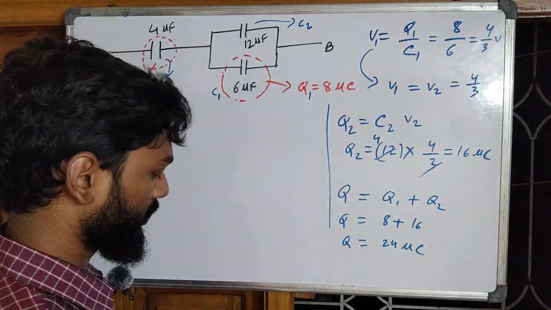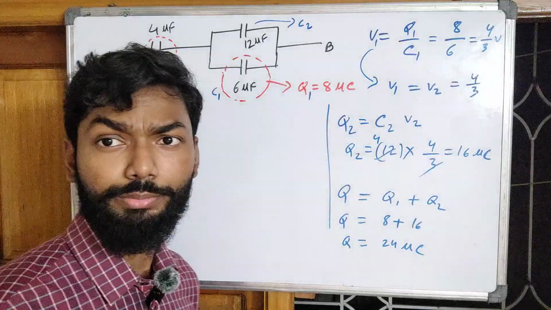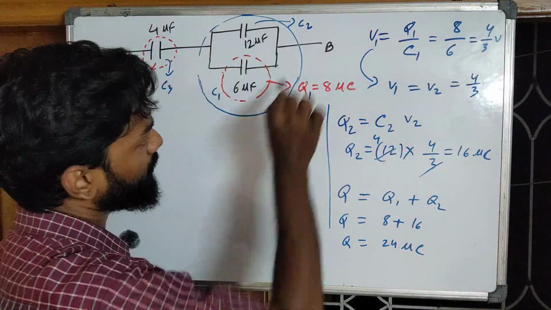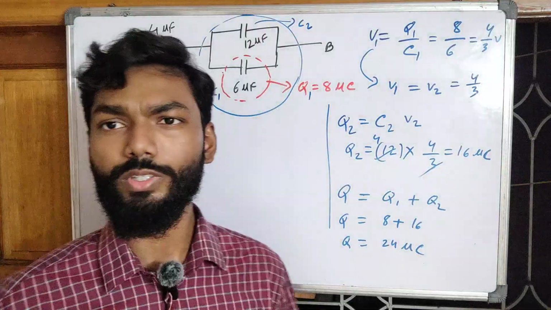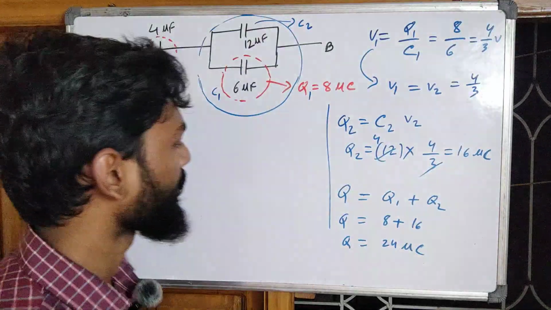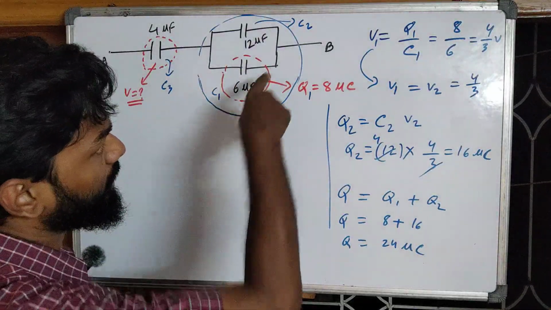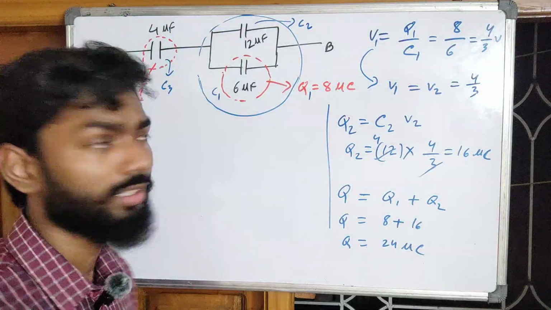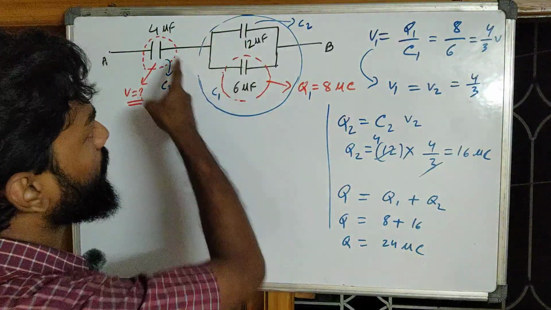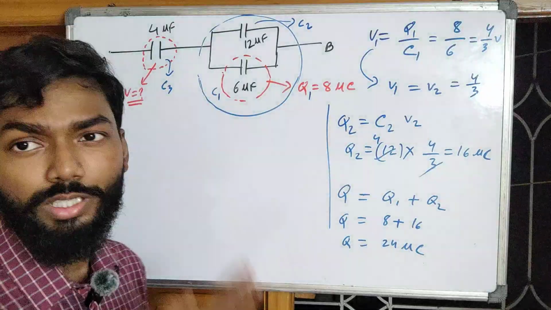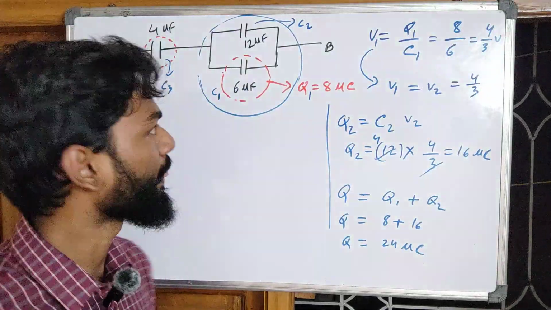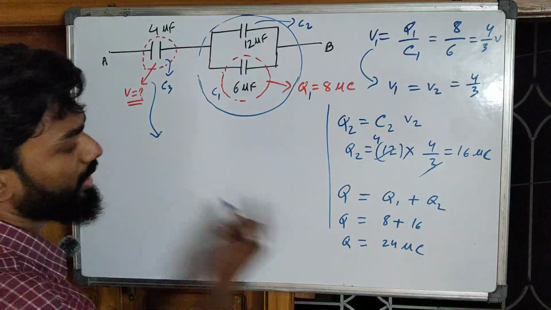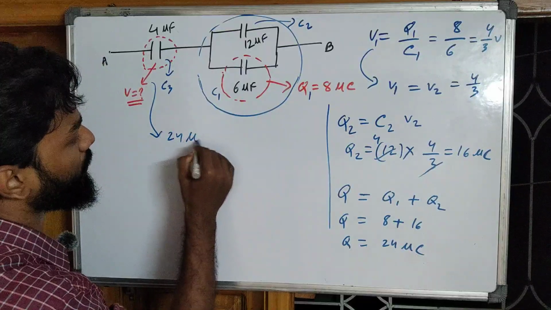The 24 microcoulomb charge is in this whole section. This whole section and this whole section are in series combination, and in series combination the charge remains the same. So this particular capacitor will also contain the same amount of charge, 24 microcoulomb.